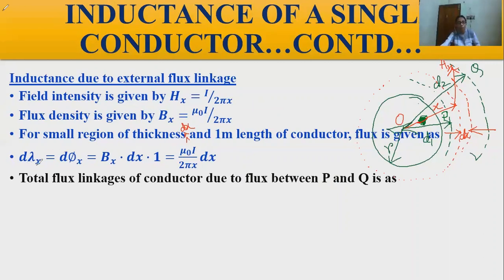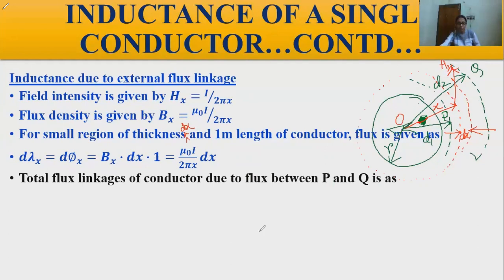Very interesting here, both the values, the flux linkage and the flux in this region, will be equal in value because the entire current is enclosed. So d phi x, d lambda is equal to B into dx into 1, that is mu naught into I divided by 2 pi x into dx.